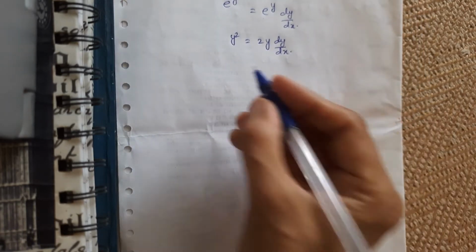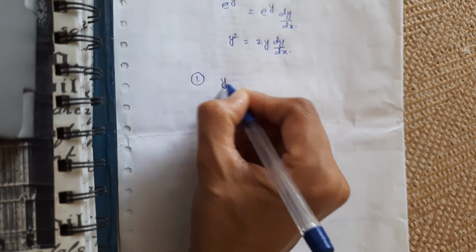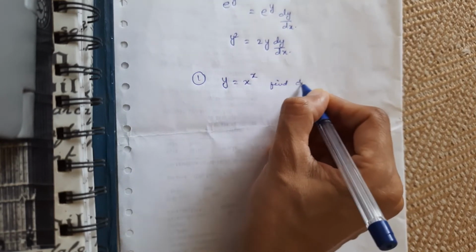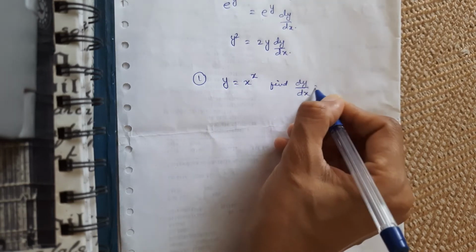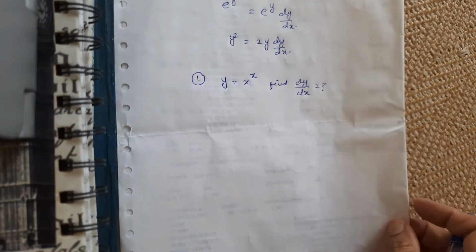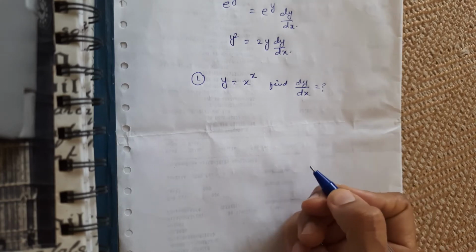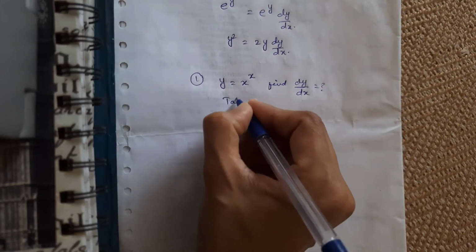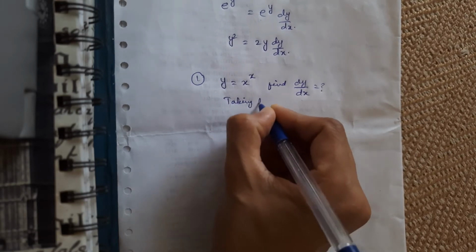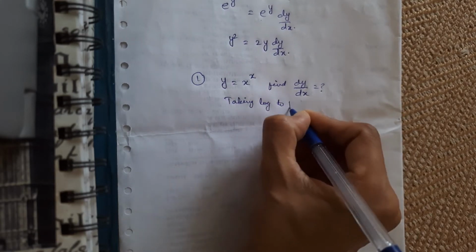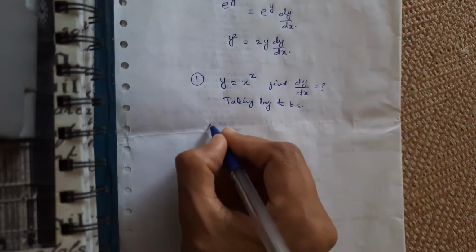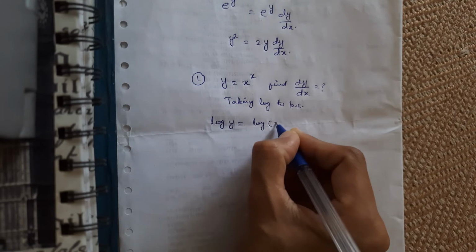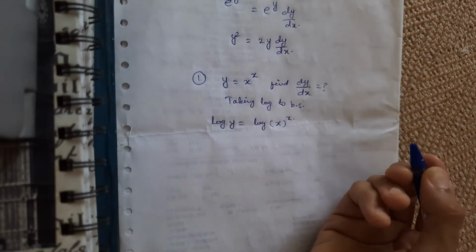So let's take the same example that we have discussed, that y equals x to the power x, find dy by dx. Now as we have seen, this is not a simple case, so we will take log on both sides. Log of y equals log of x to the power x.